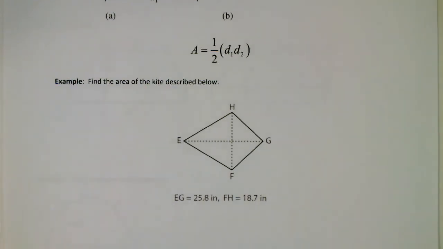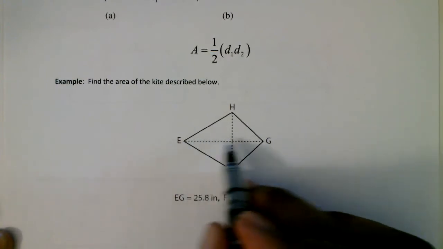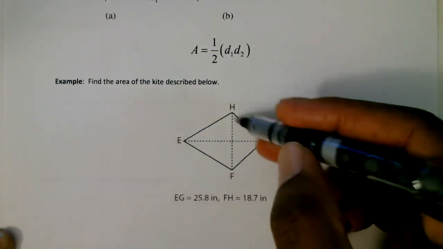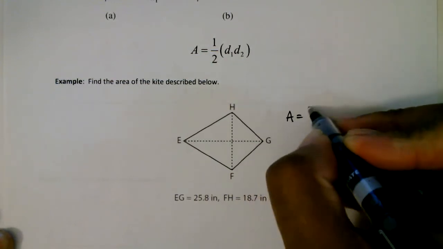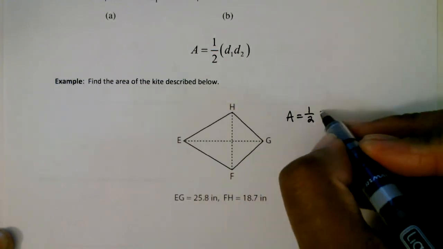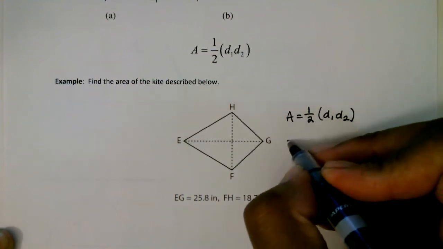So let's say I want to find the area of the kite described below. We're told that EG is 25.8 inches and FH is 18.7 inches. This is EG right here, that's this diagonal, and FH is this diagonal here. So we'll just take that formula, A is equal to 1/2 D1 times D2.